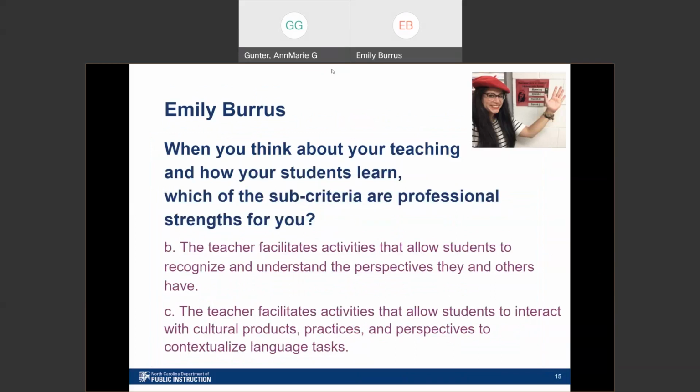The whole global digital badge process focuses on the global competencies. So investigate the world, recognize their own and others' perspectives, and communicate ideas and take action. So that's what you focus on when you're writing this lesson plan.